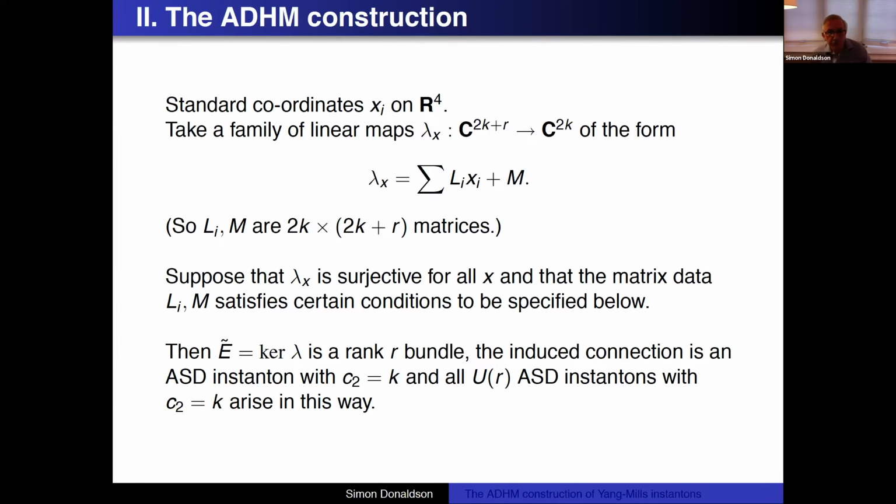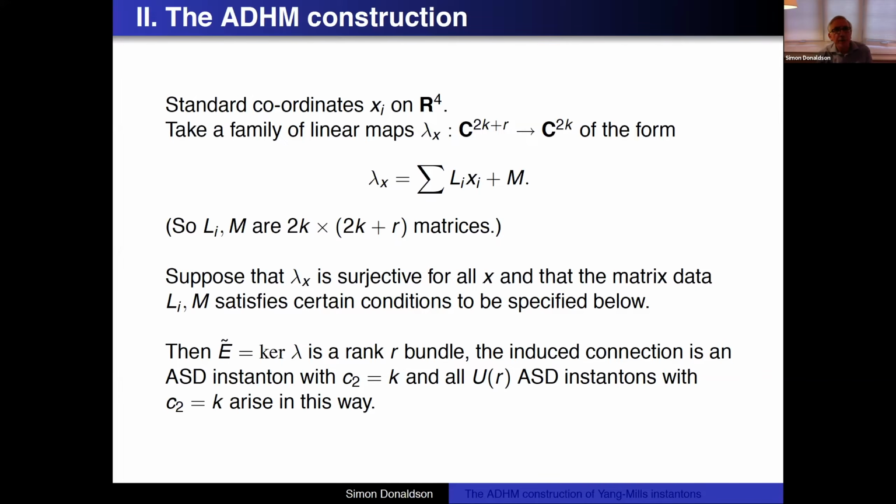And the statement is that the induced connection on that bundle is one of the anti-self-dual instantons that we're after. The second Chern class, the topological invariant, is the number k, and all the instantons with rank r, the U(r) instantons with second Chern class k, arise in this way.